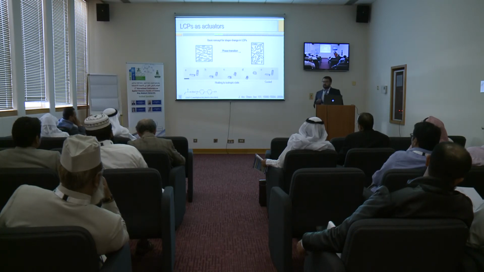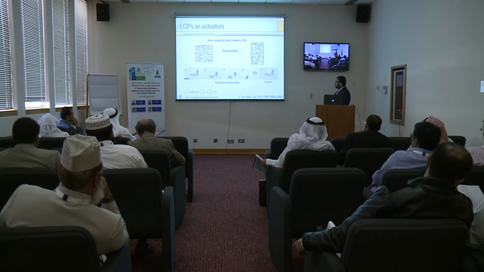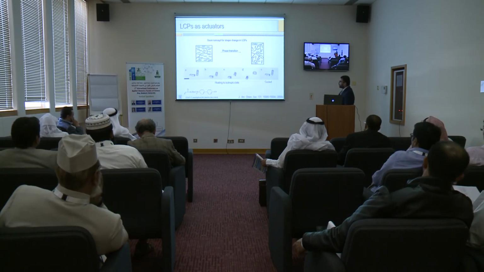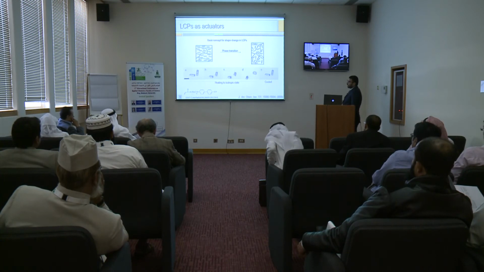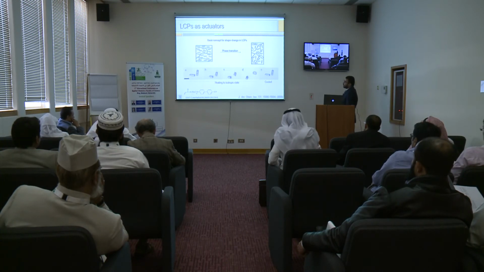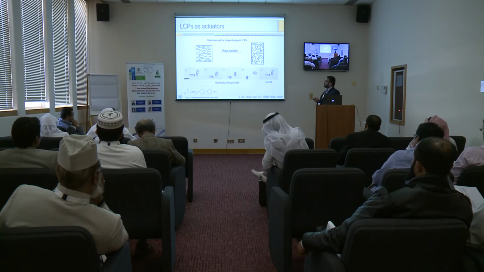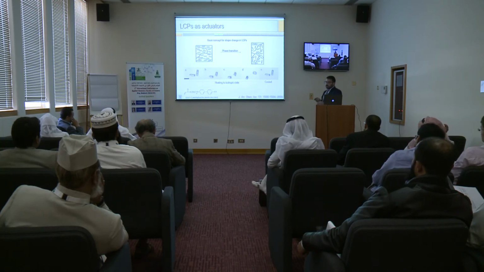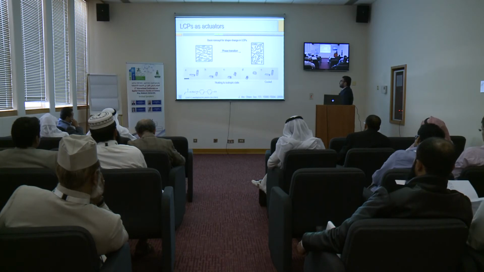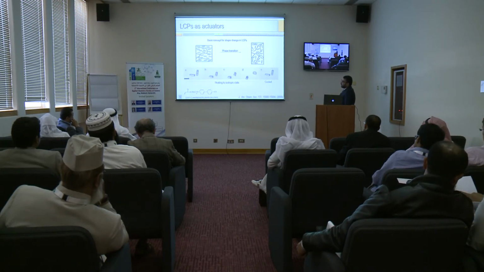Liquid crystal polymers bear some special moieties like this one, cyanobiphenyl moiety, connected to the polymer chains. In a monodomain sample, all the mesogens are oriented along the nematic director. They are in the same direction.